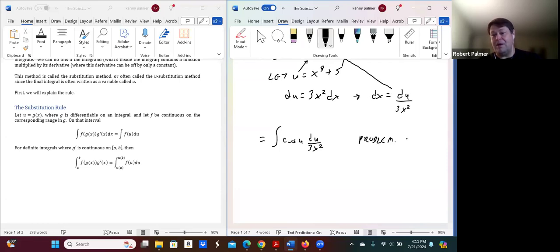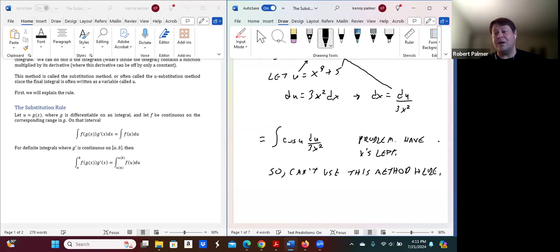We have an x left. I have a power of x left. So what this means is we can't use this method here, in this example.